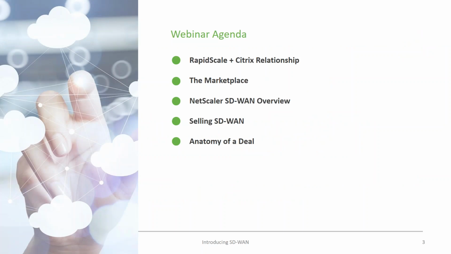All right, so real quick, the agenda. Our SD-WAN solution is based on the Citrix NetScaler product line. So we're going to talk a little bit about that relationship, the overall marketplace, which I think most of you are likely familiar with, especially being in the channel. It's one of the hottest topics out there these days. Of course, we'll dive into the NetScaler product itself, as well as a general how to sell it.